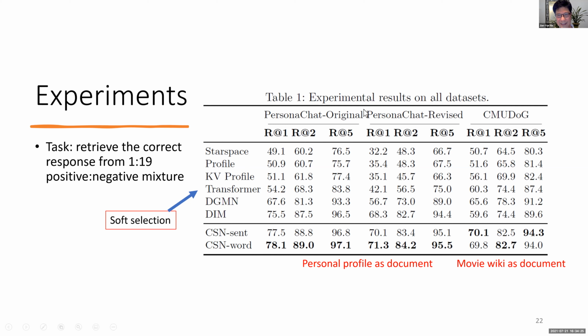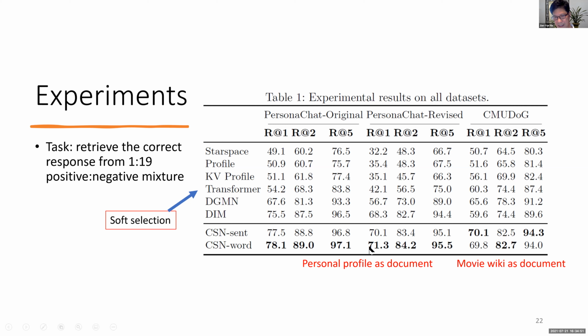And we test that on two collections. One is a personal chat, where we consider the personal profile as a document. The personal profile is a description about the person, and that is used as a grounding document. And the second data set is about movies. So we discuss different things about the movie, and that's used as a grounding document.